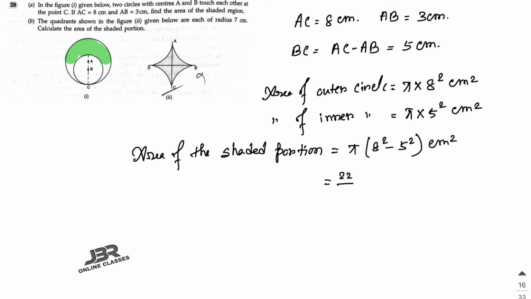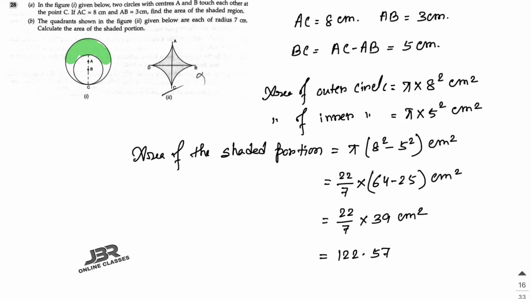Now pi means 22 by 7, and 64 minus 25 centimeter square. So that means 22 by 7 into 39 centimeter square. So here your answer is 122.57 centimeter square. It's very easy.